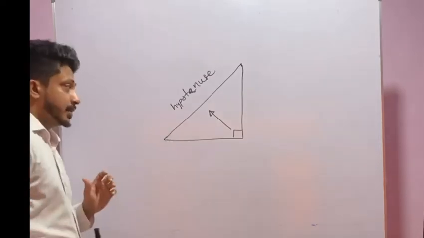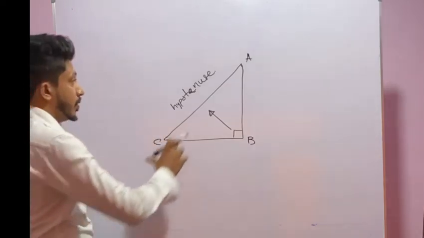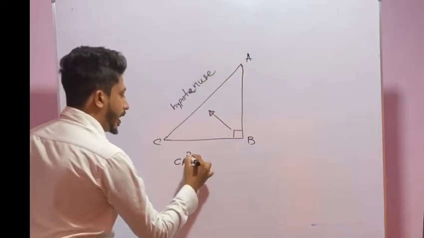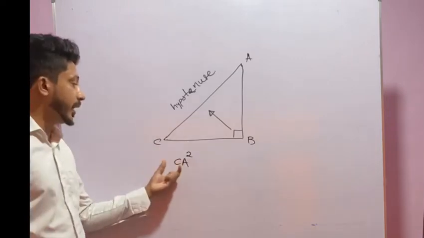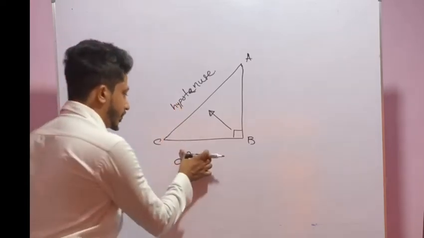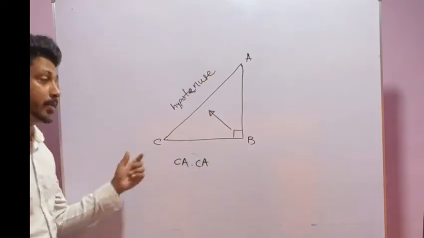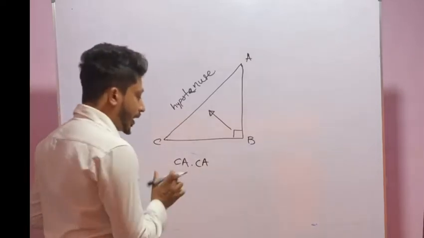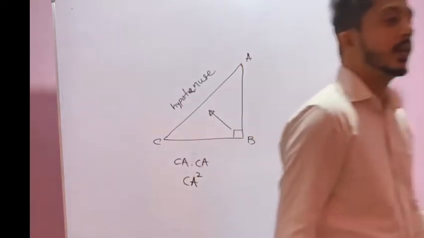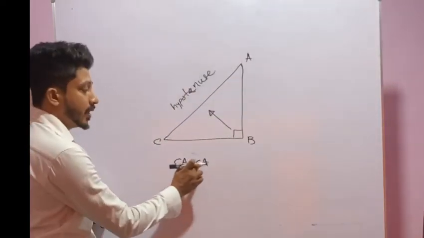What Pythagoras theorem says, if we call this A, B, C, is that the length of this hypotenuse multiplied by the length of this hypotenuse, that means the length of CA multiplied by the length of CA, I can write as CA square. CA square means CA multiplied by CA.